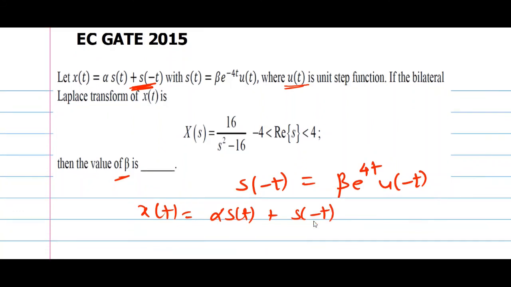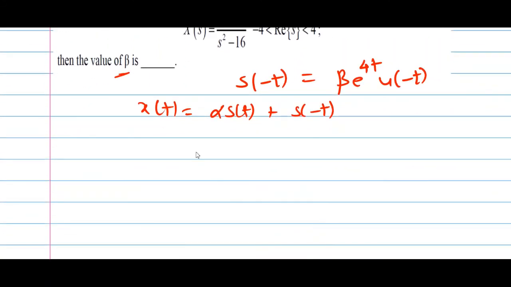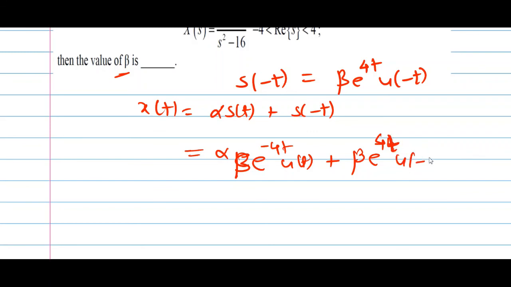Just put the values of s of t and s of minus t, so it becomes alpha (beta e raised to power minus 4t u of t plus beta e raised to power 4t u of minus t). So this is your x of t.